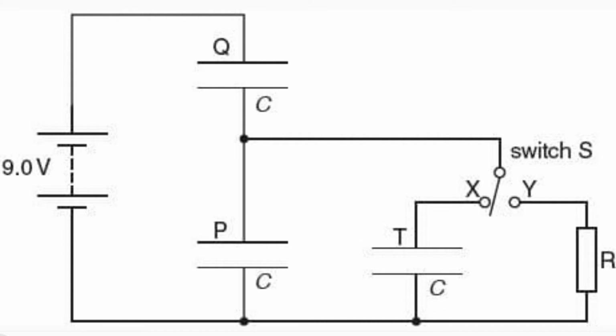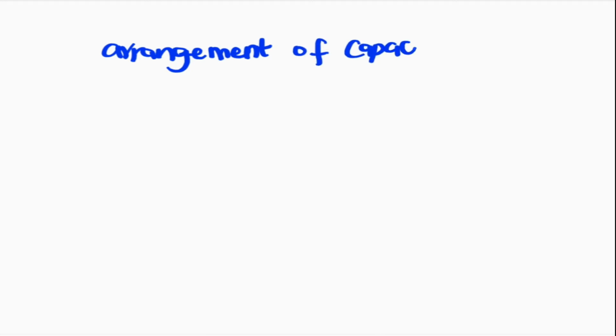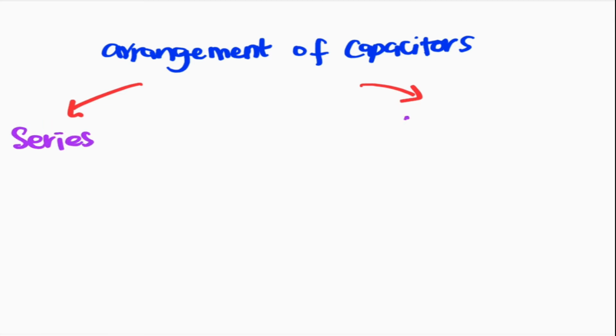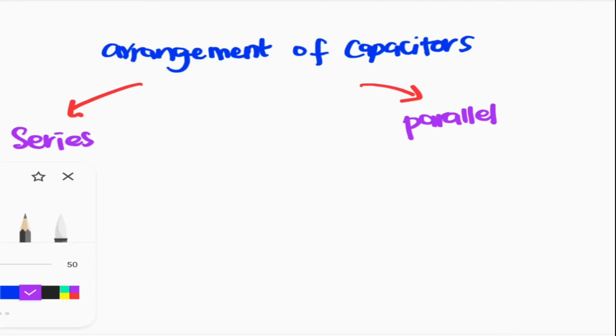So, generally there are two types of arrangement of capacitors, either in series or parallel.